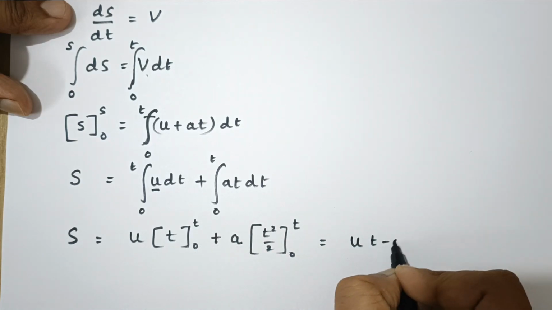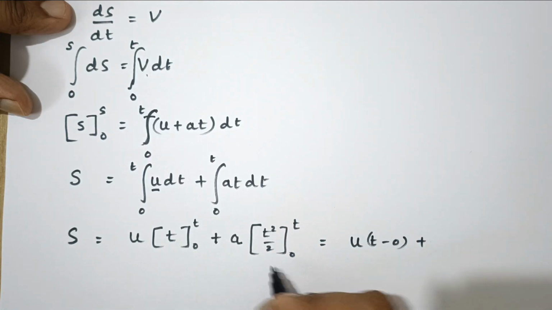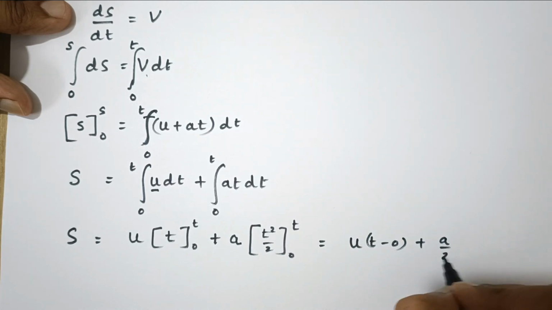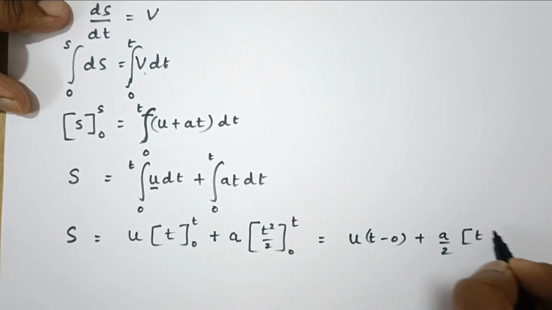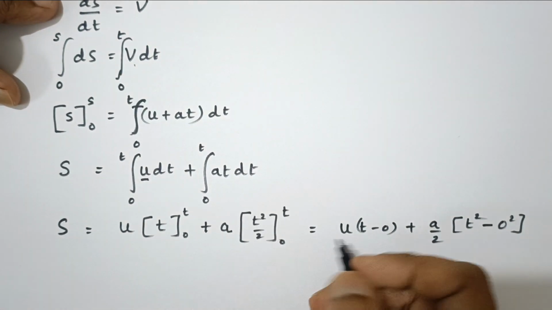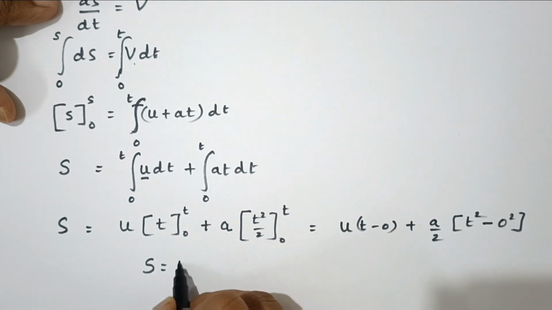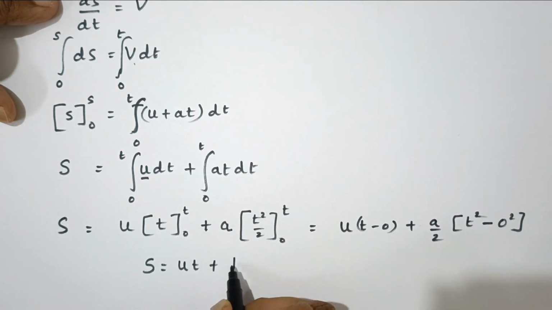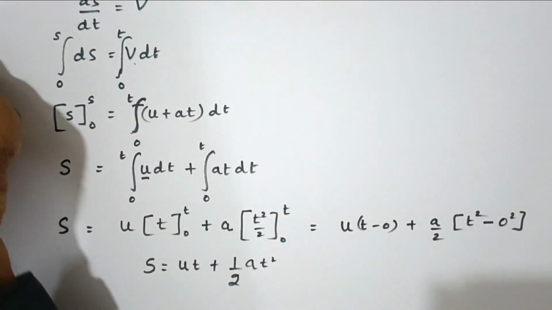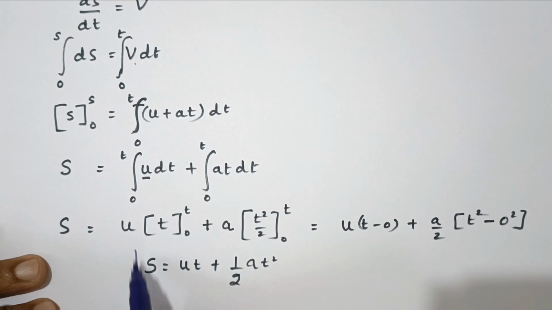So ut minus 0 plus, I'm going to pull out the 2, so a by 2 times t square minus 0 square. So we are getting our final equation, s is equal to ut plus half at square. This is the second equation of motion.